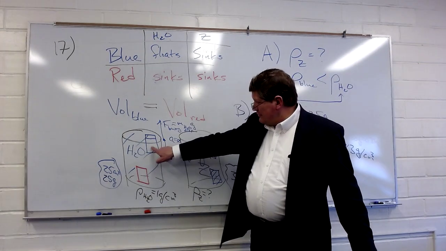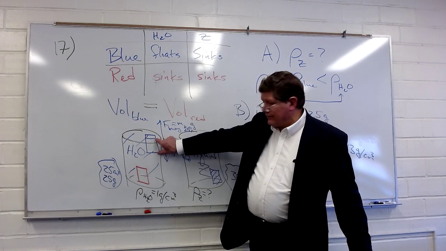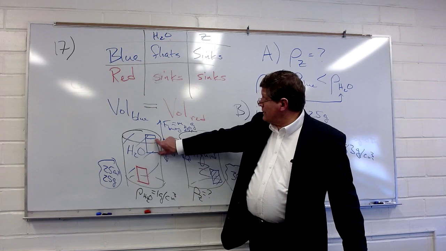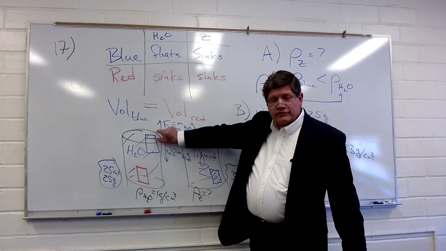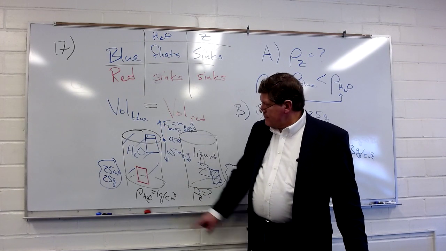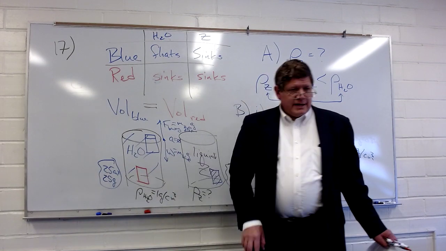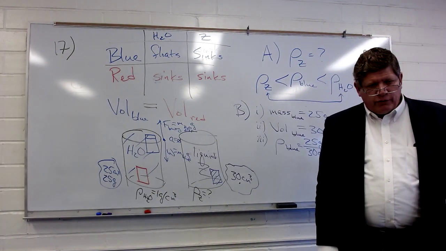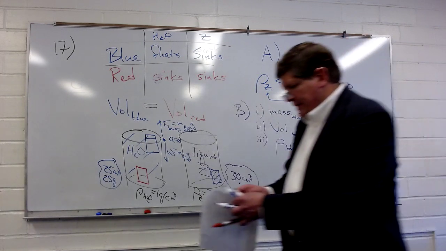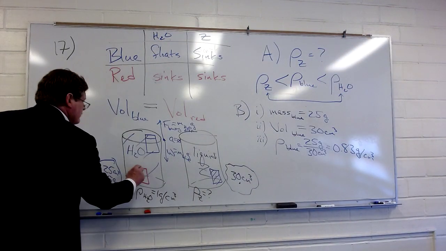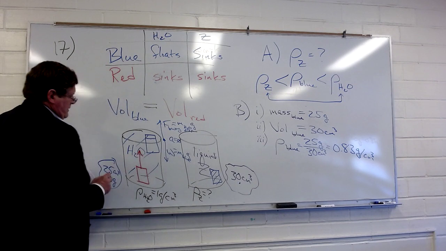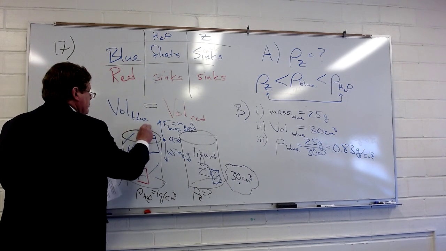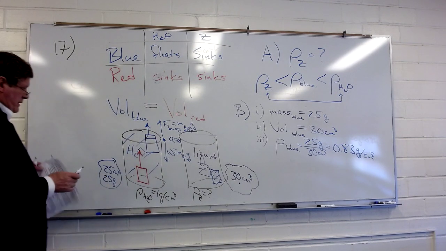But the blue object is up here with only part of its volume submerged, okay? It's floating, and so part of it is above the surface. Whereas the red object is completely submerged. All of its volume is pushing water out of the way. And so that means that the buoyant force on the red object is going to be bigger than the buoyant force on the blue object.